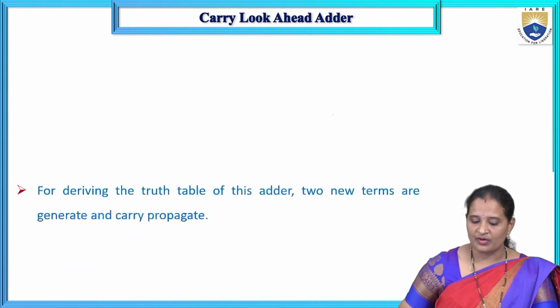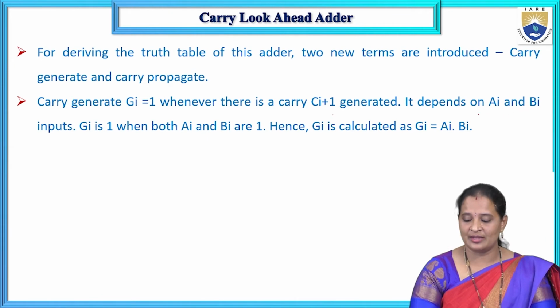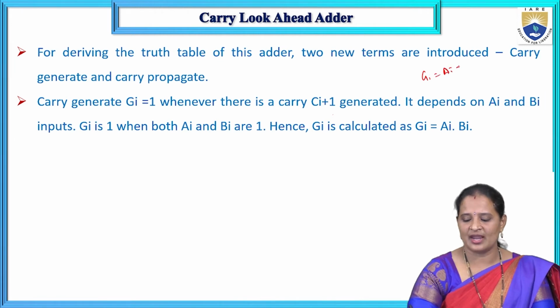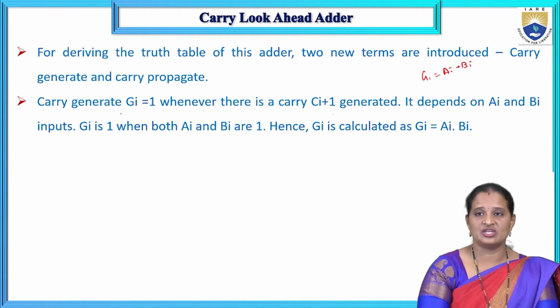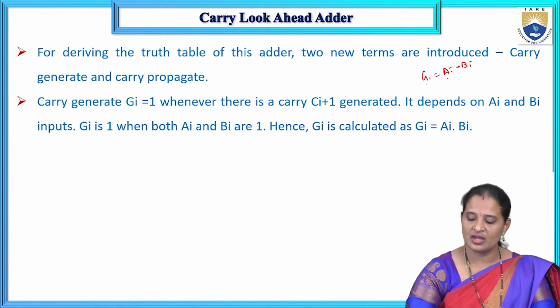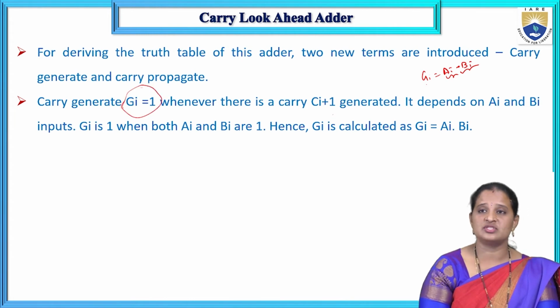It depends on the Ai and Bi inputs. As I told you, the carry generate function is Ai into Bi. So depending on the Ai and Bi values, the generate function becomes 1.